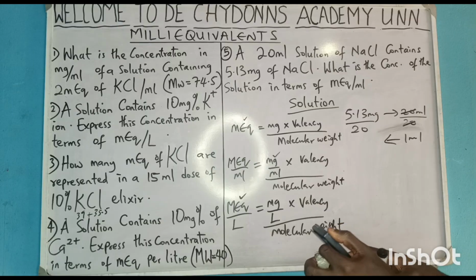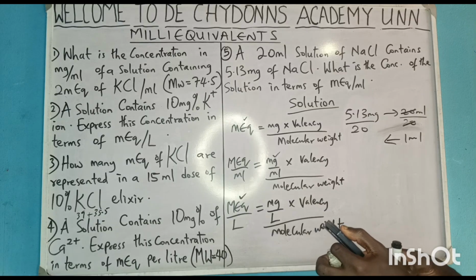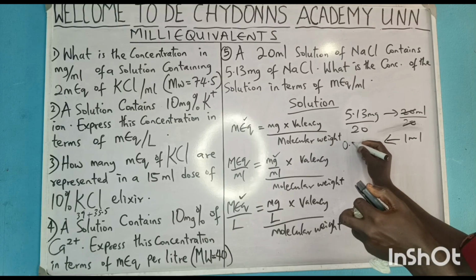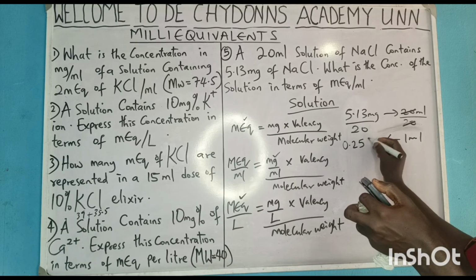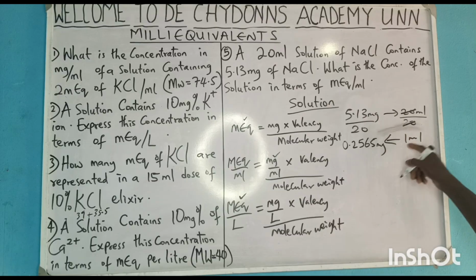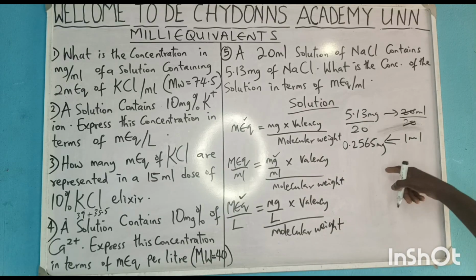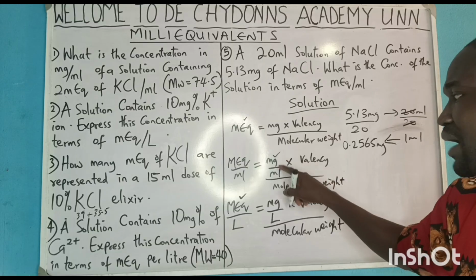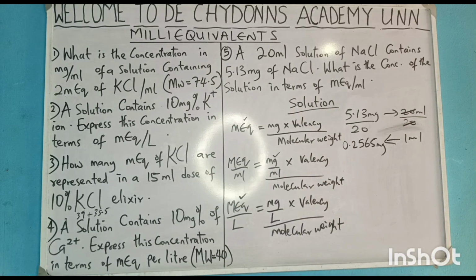So 5.13 divided by 20, you have 0.2565 milligram in 1 ml. Because for you to get it in milliequivalent per ml, here must be milligram per ml. That is the rule. So I've gotten it to be milligram per ml.